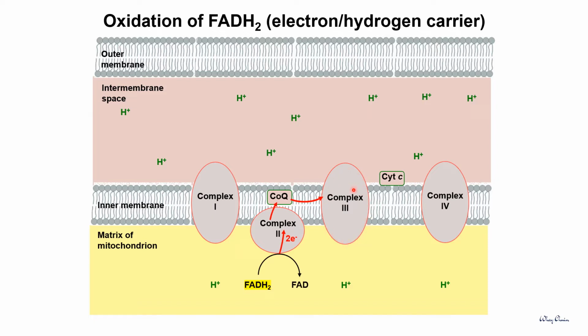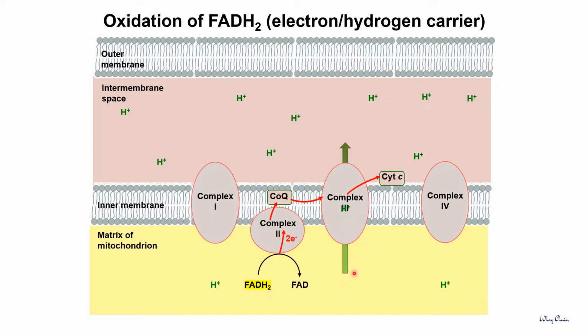They will immediately pass the electrons to cytochrome C. So when the electrons flow from a high energy electron carrier to a lower energy electron carrier, energy is released. Same goes for the electron flow from complex 3 to cytochrome C.